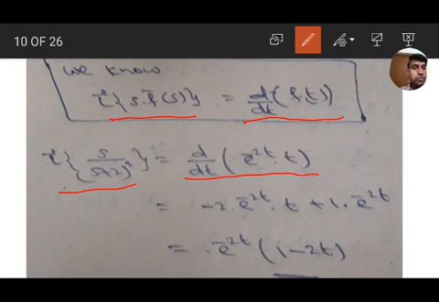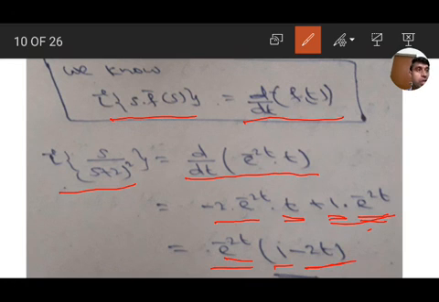Therefore again u into v: u dash is minus 2 into e to the power of minus 2t, t is as it is, v; and the derivative of t is 1, with e to the power of minus 2t. E to the power of minus 2t is common, here we get 1, here we get minus 2t.